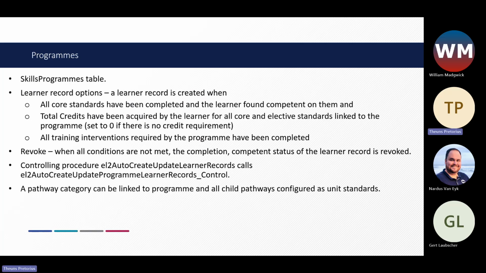A client can build a curriculum in that way, and ARM again uses that. They build a pathway category for a program, and then all the child pathways are unit standards. This groups them all together.